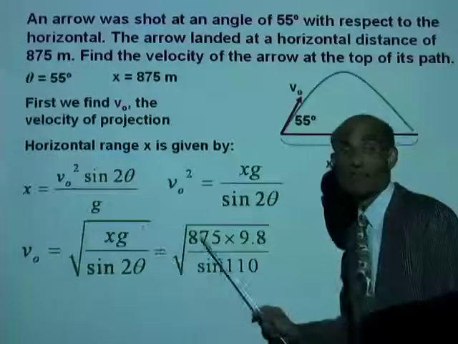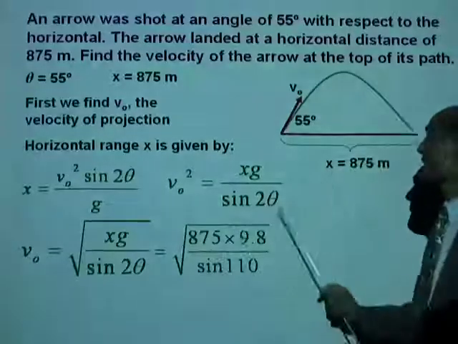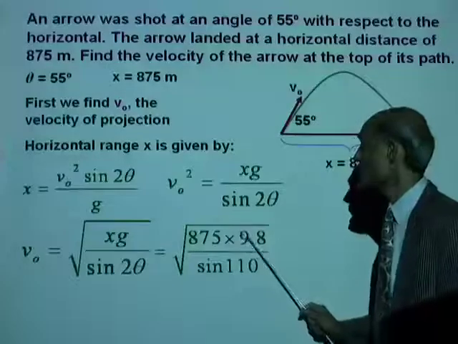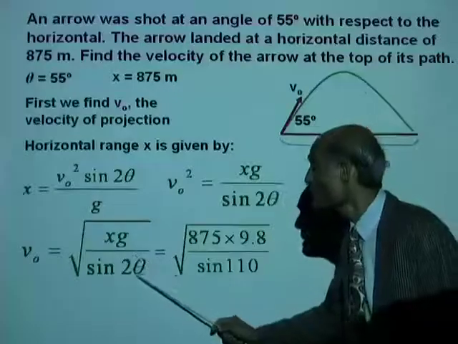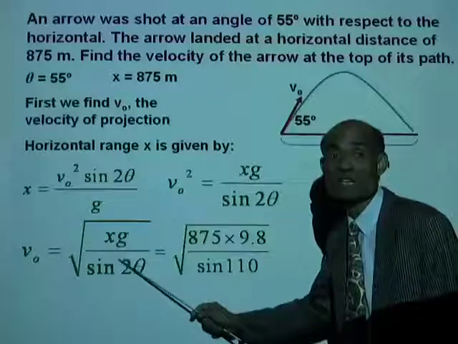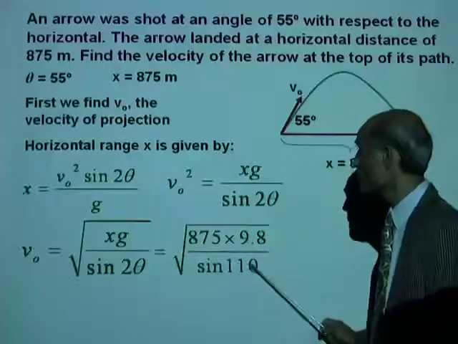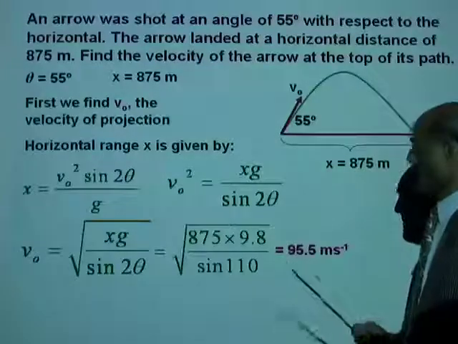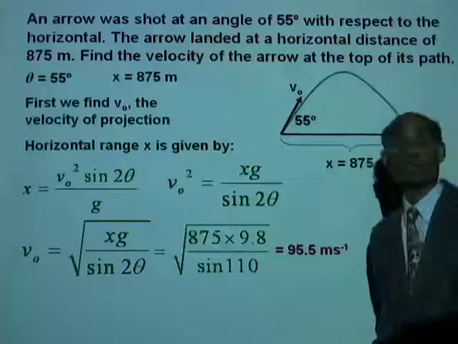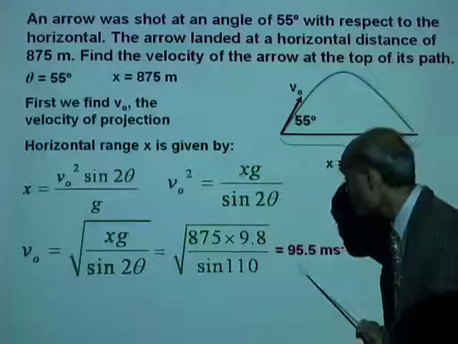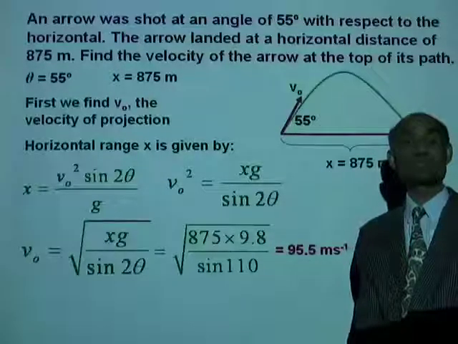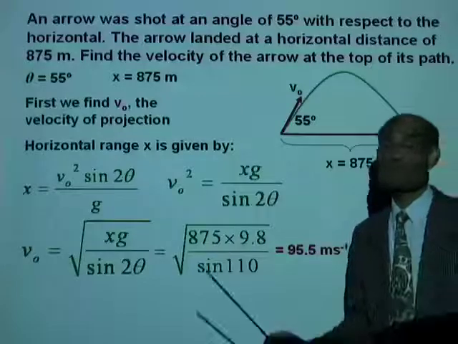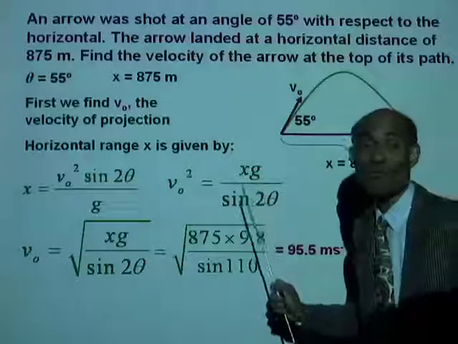And now X equal to 875 meter, G is 9.8 meter per second squared, and theta is 55 degrees, 2 theta is 110 degrees, and that gives you the velocity of projection is 95.5 meter per second. And you must be able to now do this problem on your own.